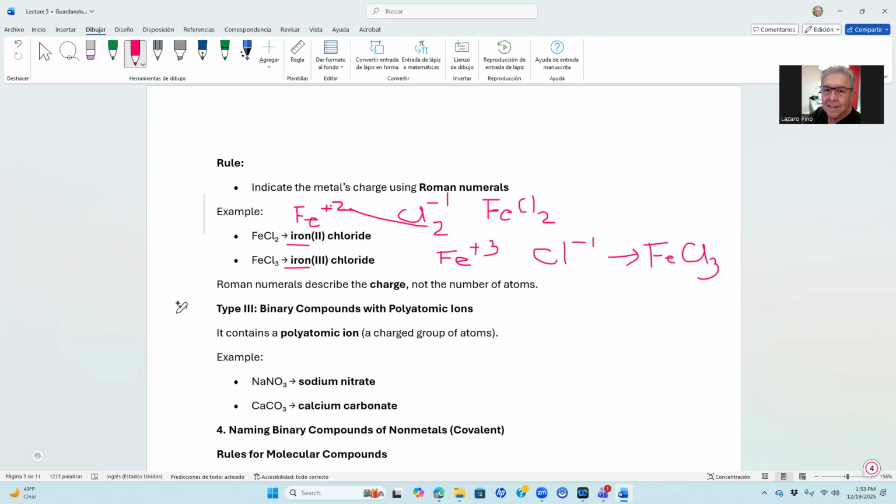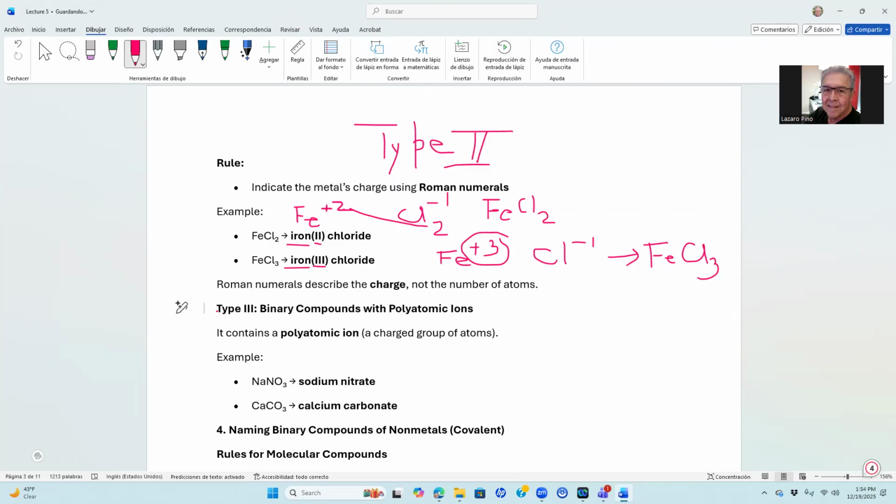If the charge is +2, you write 2 in Roman numerals. If the charge is +3, you write 3 in Roman numerals in parentheses after the name of the cation. This is for type 2.